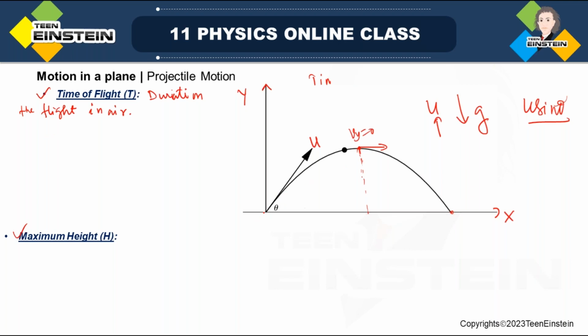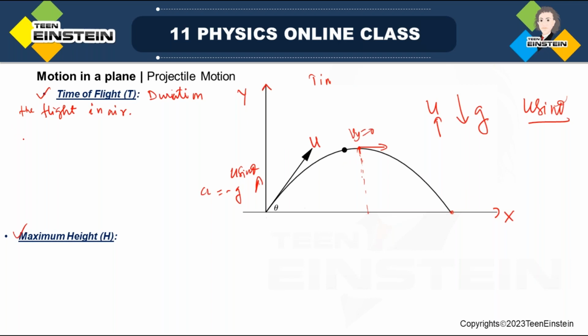First of all, it has initial velocity in the vertical direction, that is u sine theta, and the acceleration is minus g. Moving up to the maximum height means the final velocity vy will be 0.